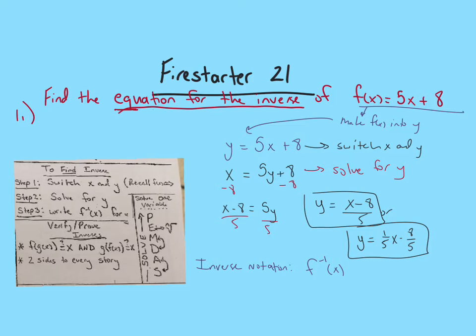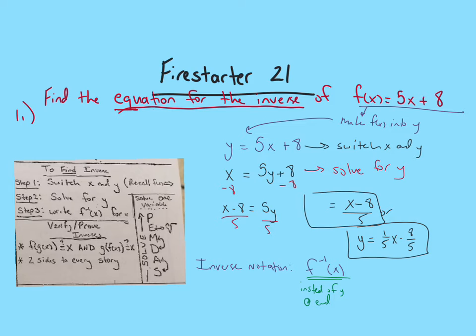Now the last thing you have to do is show that you understand that this is actually not y, this is actually f inverse of x. So I'm going to use f inverse of x instead of y. So now I'm just going to put f inverse of x.